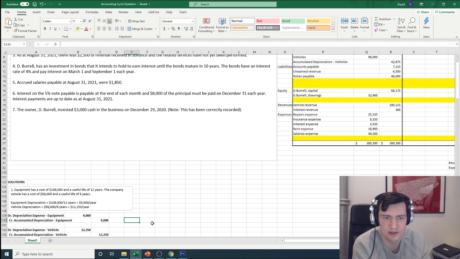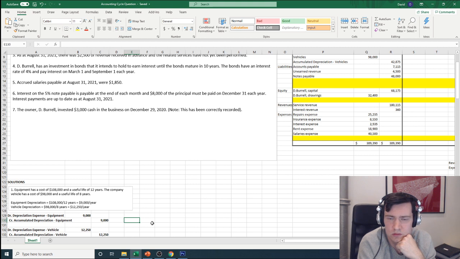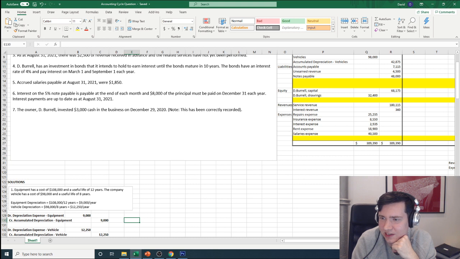Is everyone comfortable with straight line depreciation and how I got both of those figures? I wish I had a little ready check so I could just ask, does this make sense? I might actually have that somewhere. How do we feel about this?